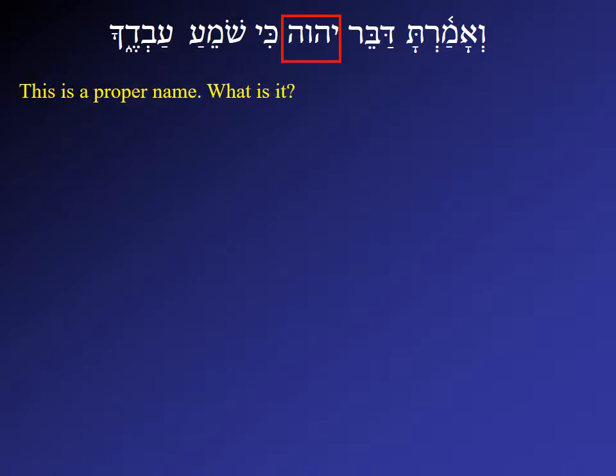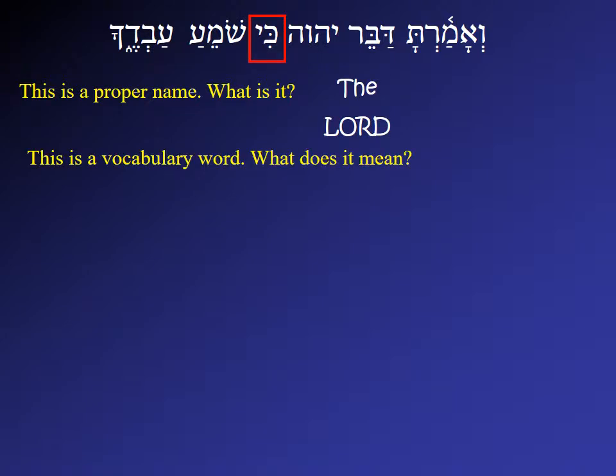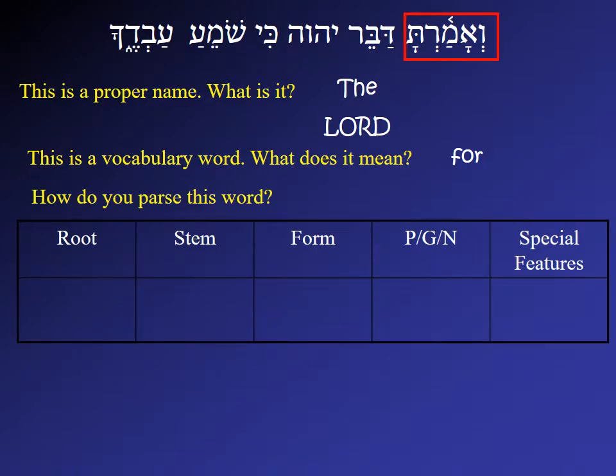Okay, so a few things we know right off the bat. This is our proper name, the Lord, Adonai. This is a vocabulary word meaning that, or for, or because. Here, it's going to mean for. Ve'amarta, to parse this word, fairly clear by now. The root is amar, stem Qal.